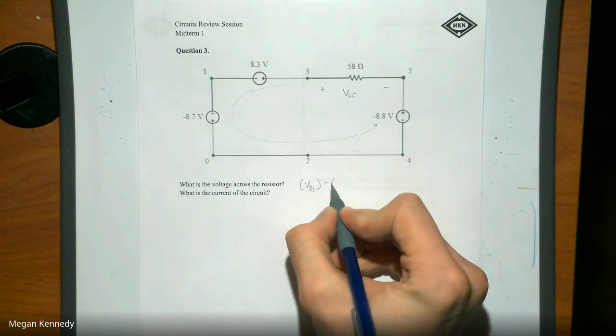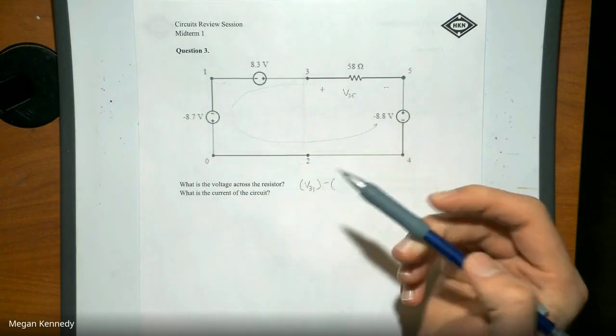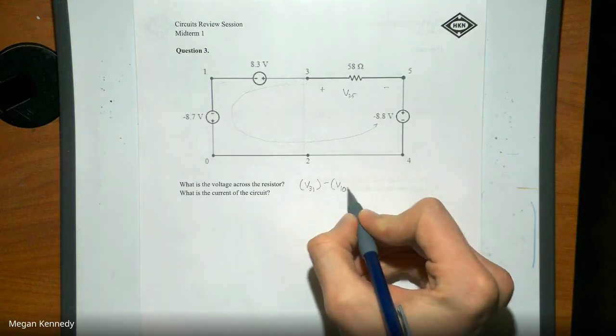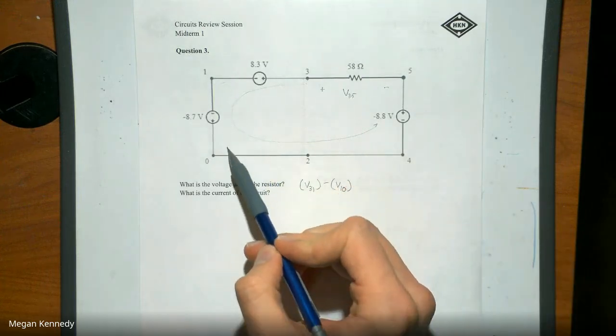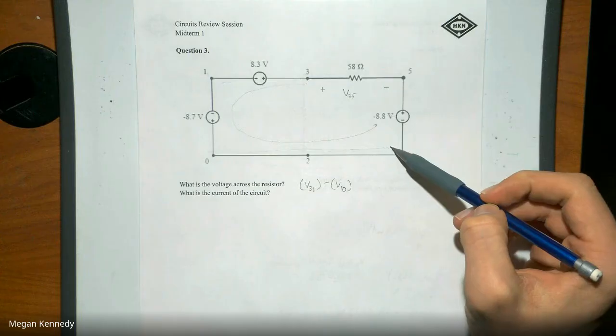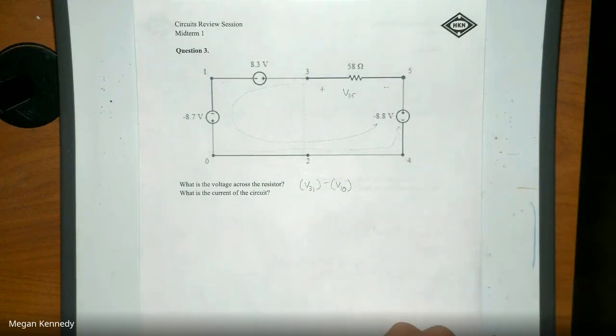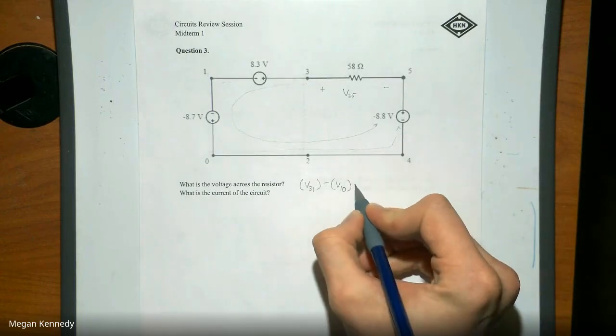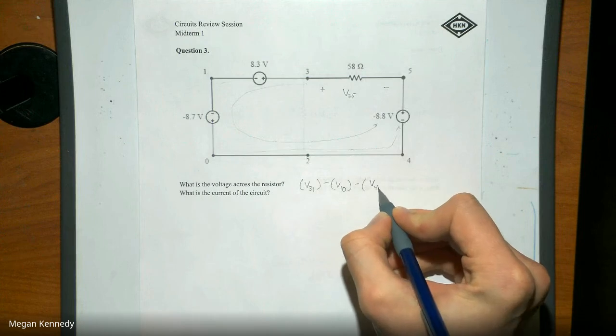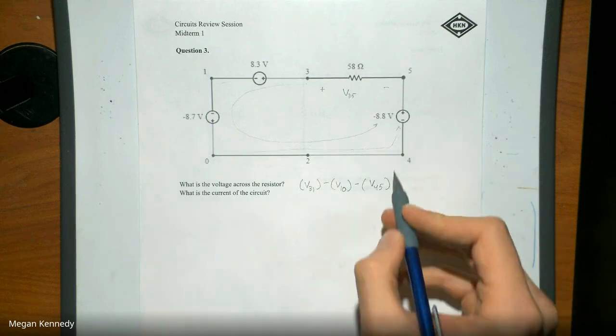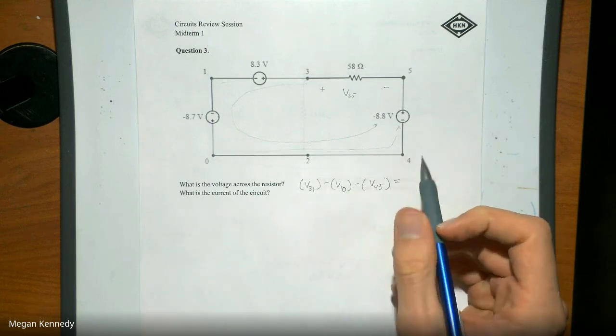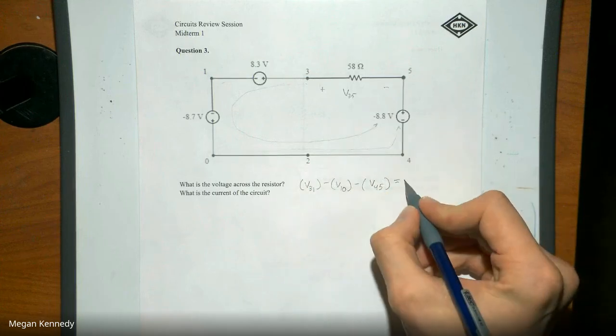So then minus, in this case, V10. And as we keep going, we enter the negative end of this voltage source. So minus V45. And that ends up equaling the voltage across the resistor here, V35.